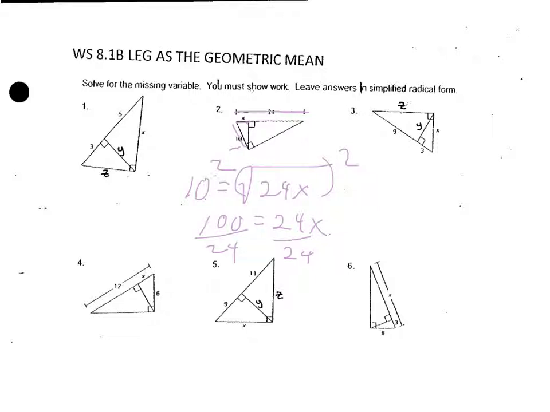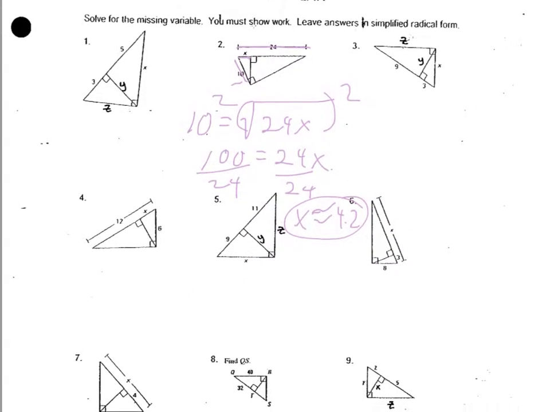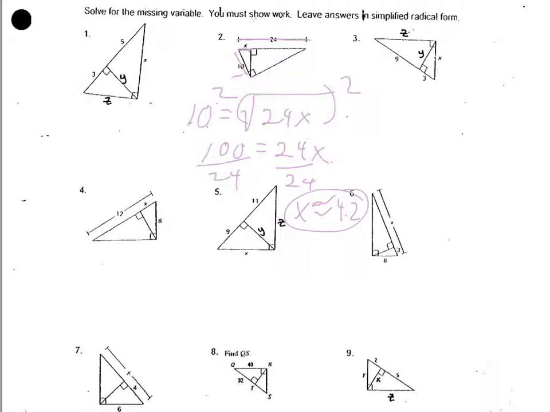We could round that to 4.2. Okay. Number 3, similar to the one example we did. 4, we just did an example like that. 5, we did. 6, no different than number 2 that we just did.